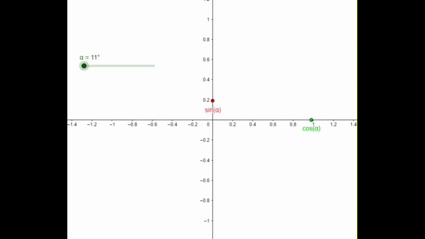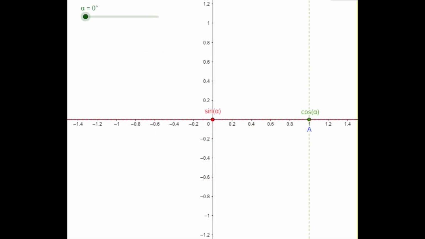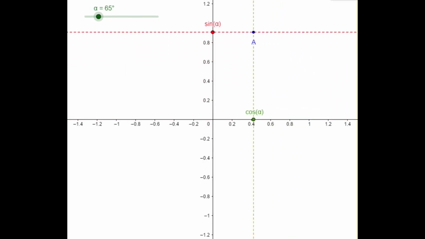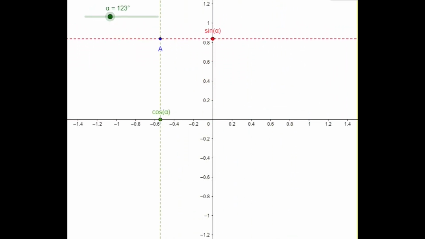Now we are plotting the variation of cos alpha values on the x-axis and sin alpha values on the y-axis. We are changing the alpha value from 0 to 360 degrees. If we take the intersection of these two values and trace the path of the intersection point A, we will get a circular path.